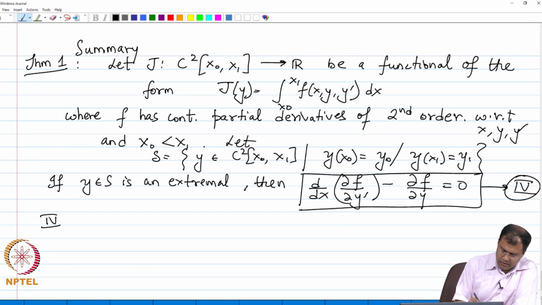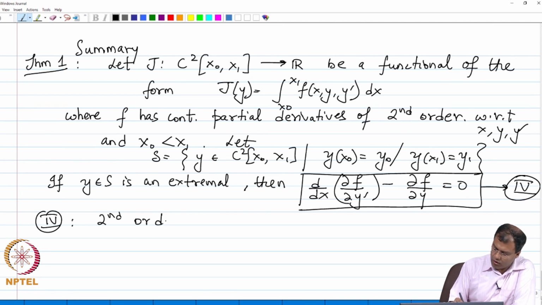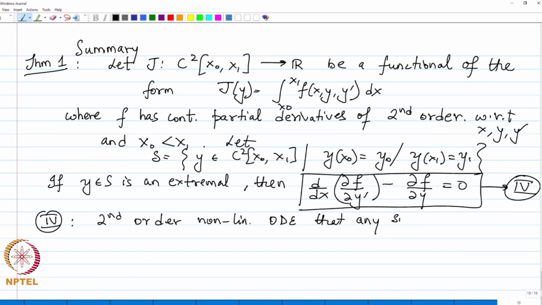So, 4 says that what we see is that 4 now is a differential constraint. It is a second order non-linear ODE that any smooth extremal y must satisfy, and that is also the necessary condition that I just said.